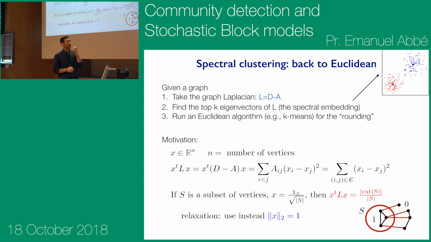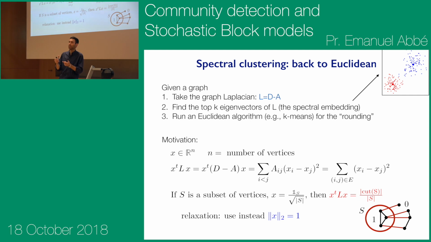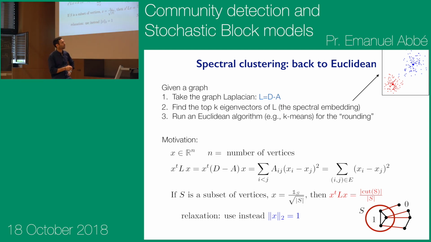And now we can apply methods like k-means, for example, or methods that exploit the fact that we are living in a Euclidean space, meaning we can use distances, inner products, projections, and things like that. And k-means, for example, if those clouds are well separated, will do well.